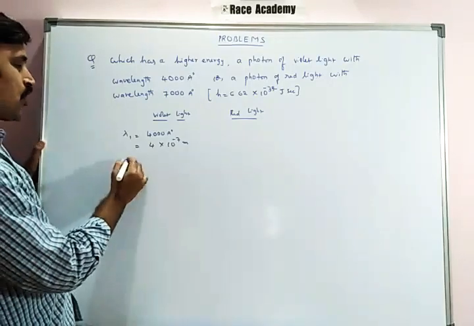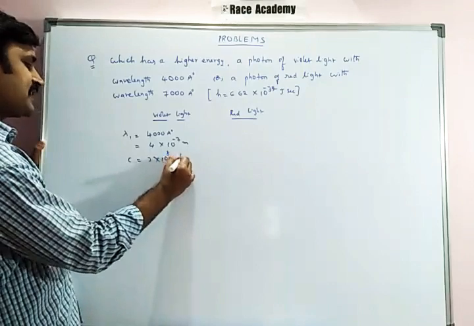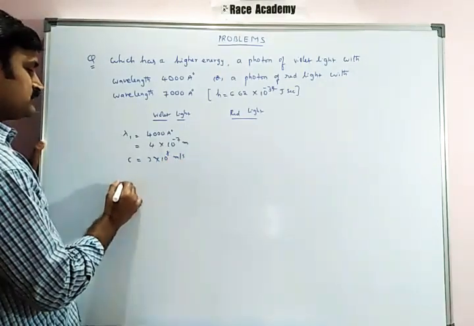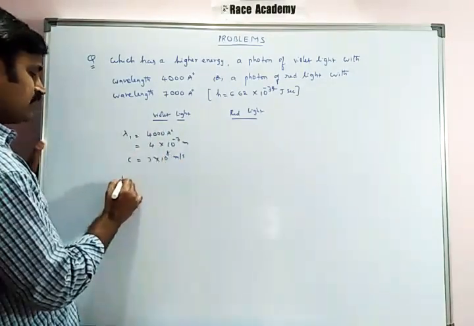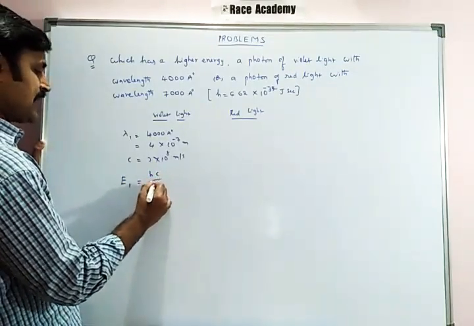As we know, the common constant value c is equal to 3 into 10 to the power of 8 meters per second, and the h value is a given constant. So we will find E1. E1 is equal to hc by lambda 1.